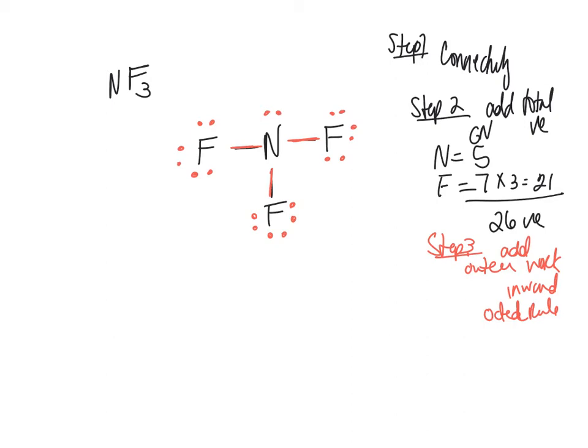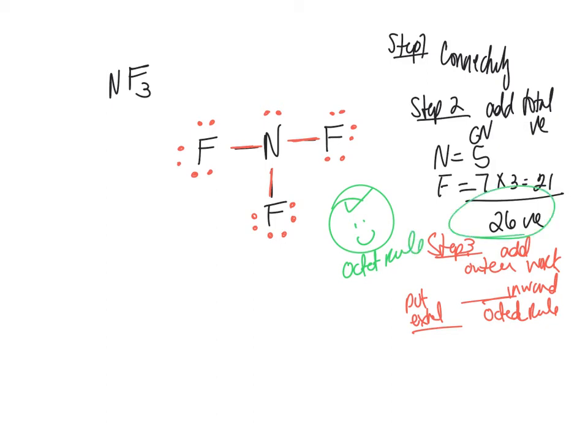So after you get complete octets on the outer, then you put your extra on the inward. And then you make sure the nitrogen follows the octet. So nitrogen has 1, 2, 3, 4, 5, 6, 7, 8. They all have 8 electrons, so they follow the octet rule. And we have 26 valence electrons. So this is a correct Lewis structure.